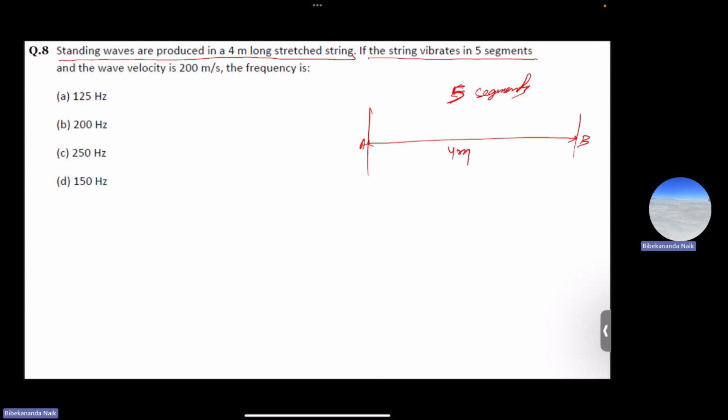So if we solve it, it had 5 sections. Suppose 1, 2, 3, 4, 5.